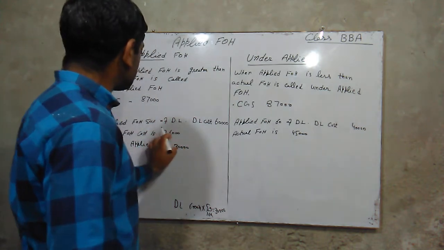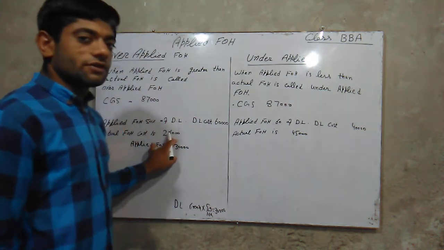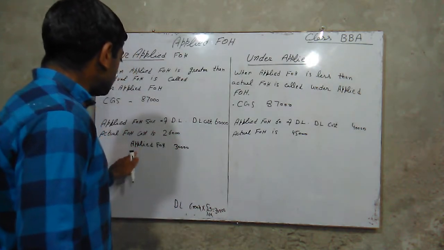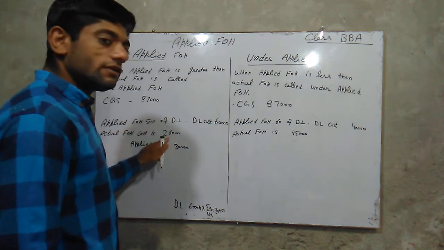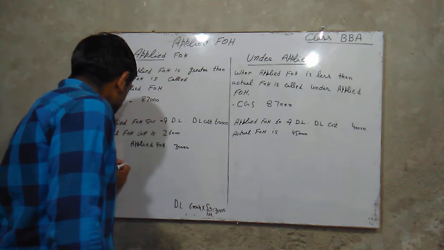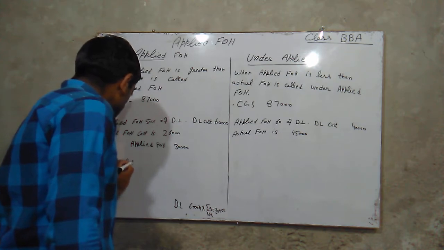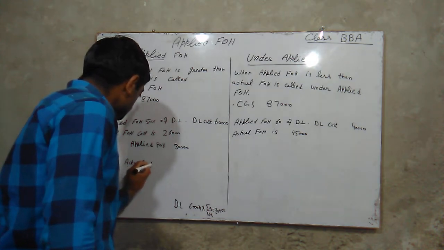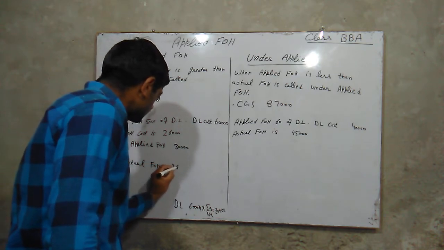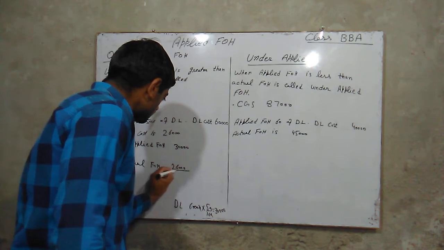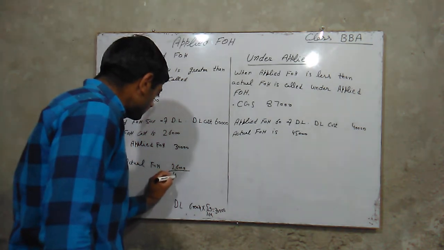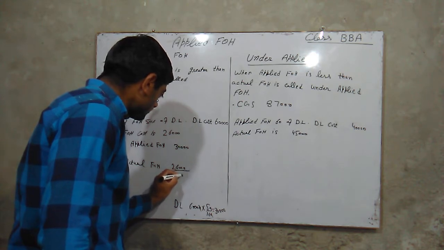So our actual FOH is 26,000. So here our applied FOH is greater than actual FOH, so the difference, the value, is 4,000.